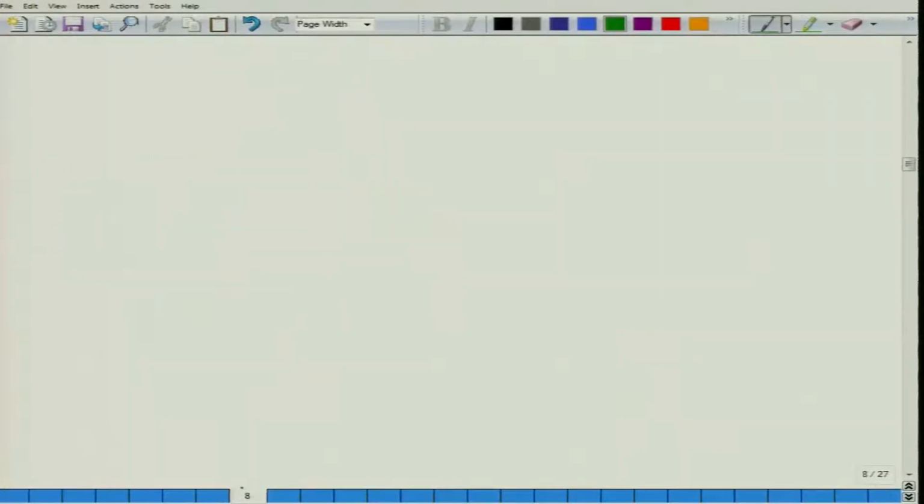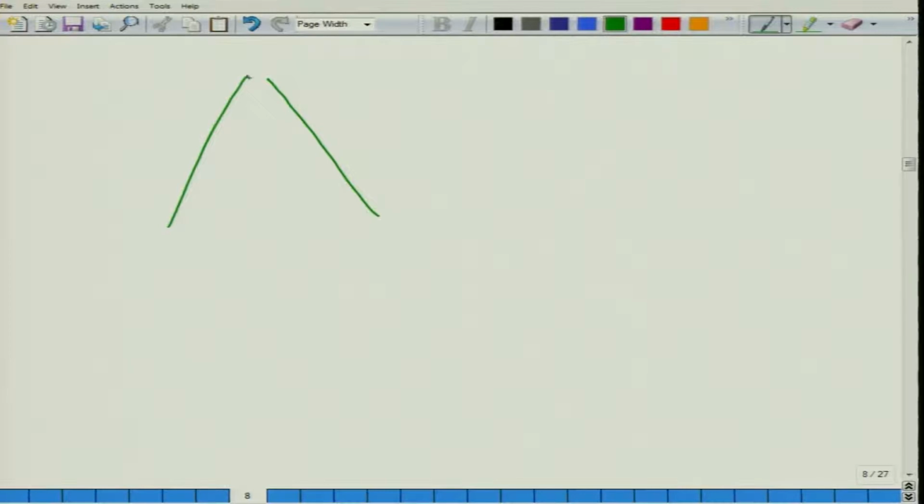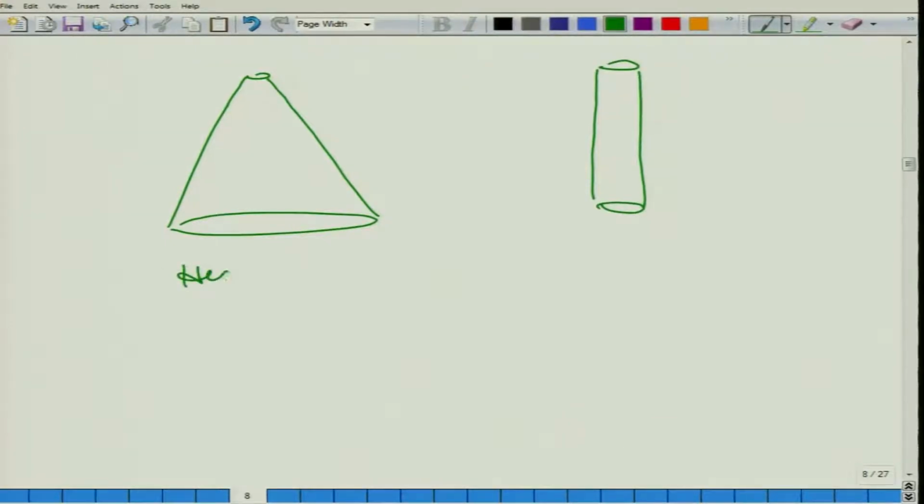Taper is usually found to be high in solitary trees and in widely spaced heavily thinned stands. Now, what do we mean by that? When we say that taper is high, it means that the tree is assuming a conical shape as against a cylindrical shape. So, this is high taper and this is low taper.